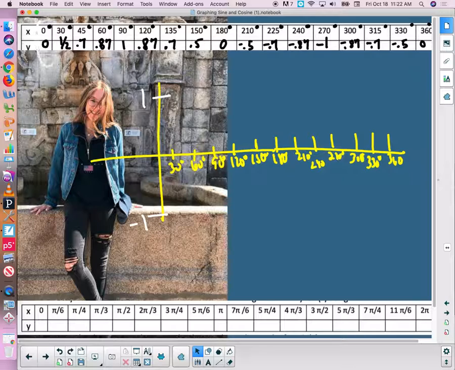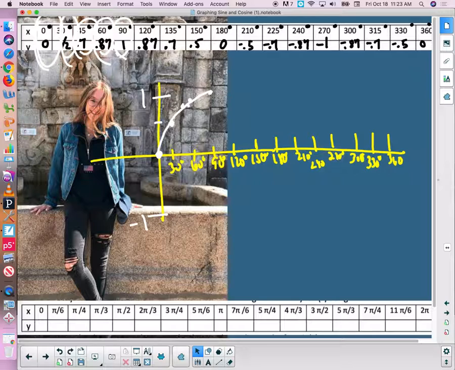Sine of 0 is 0. Sine of 30 is 0.5. Sine of 45 is 0.7, and that's right in between these two. Sine of 60 is 0.87. Sine of 90 is 1. I'm just connecting the dots.